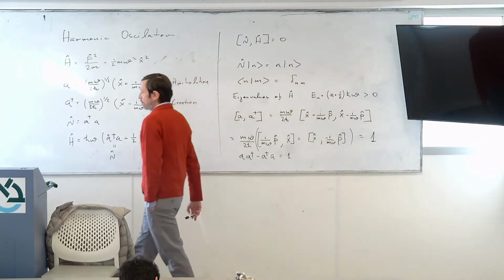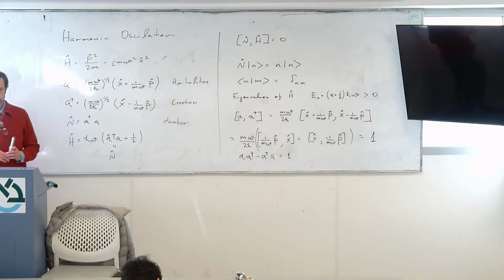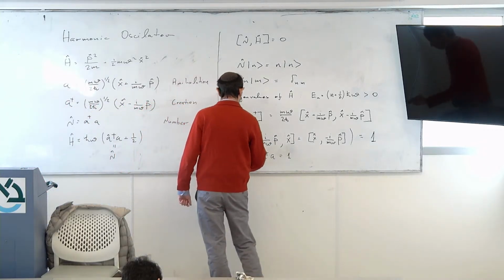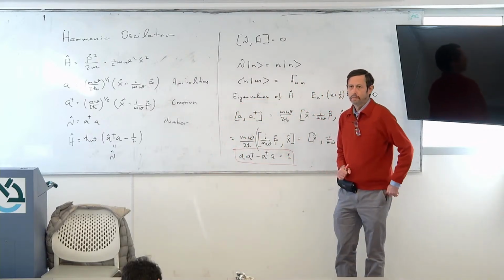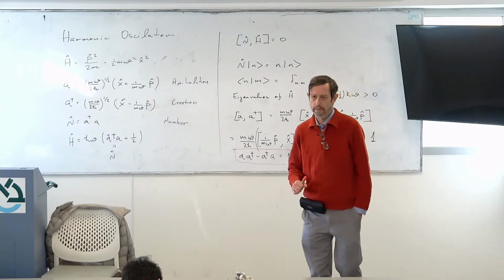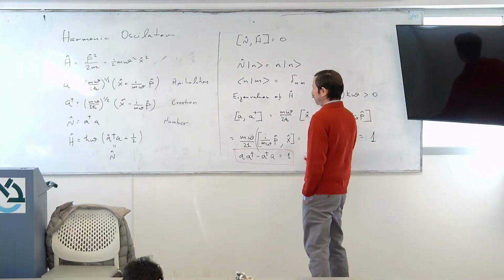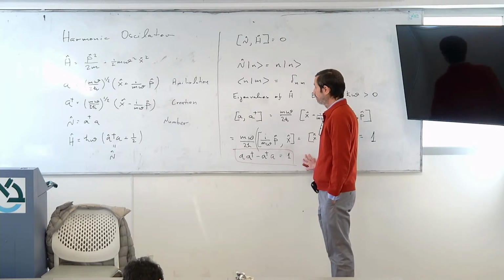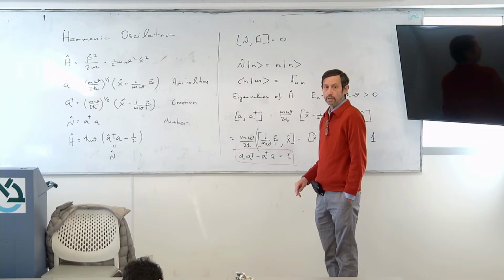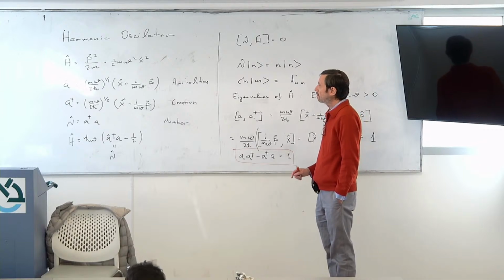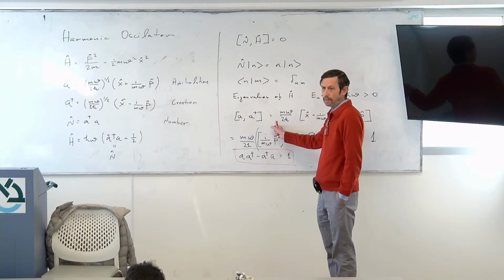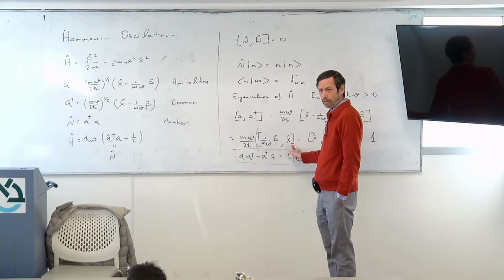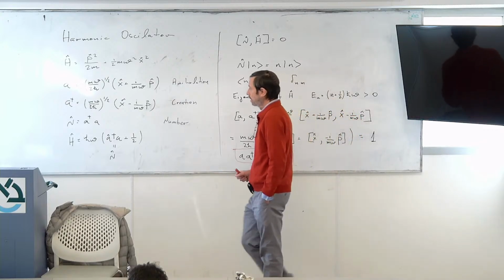So let's put this result aside and keep it, in a moment we will use it. Actually, from here on, at least for the next half hour, I'm forgetting about x and p. All they were useful for is to give me a commutation relation of A and A dagger.